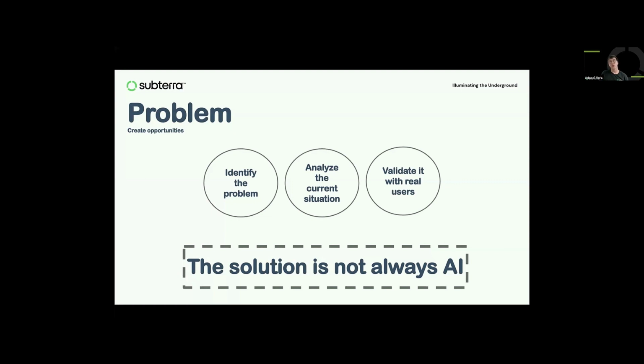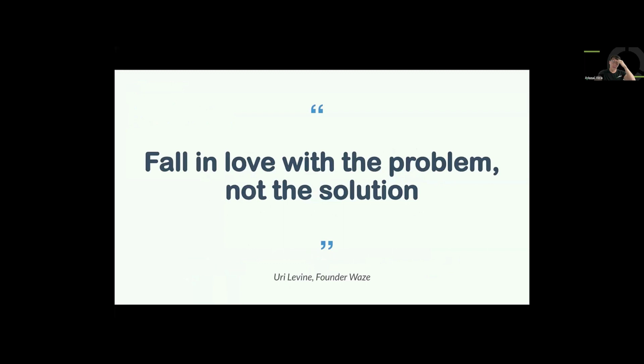But I believe that we always have to start from what is the main problem that we are solving, what is the thing that we are working on, or what is the pain of the user. If you want to find a problem, you have to identify it, analyze it, and check if there are other solutions or if you can validate it with real users.